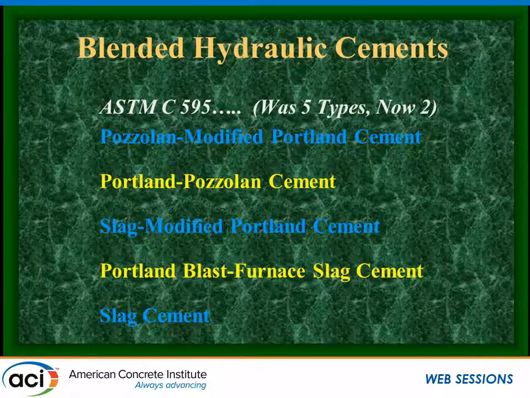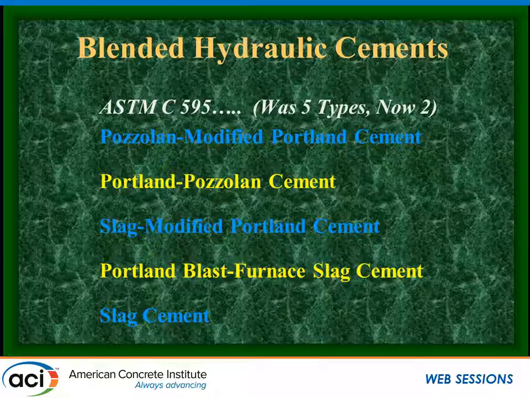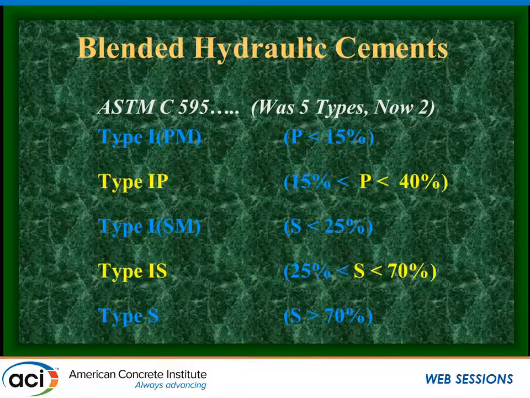Now, under C595, we used to have 5 types, and it was bracketed by proportions of the pozzolan in Portland modified and Portland pozzolan. Then slag was broken down in 3 brackets of the quantity of slag in those. We have since eliminated 3 of those, and we've just gone to Portland pozzolan cement and Portland blast furnace slag cement.